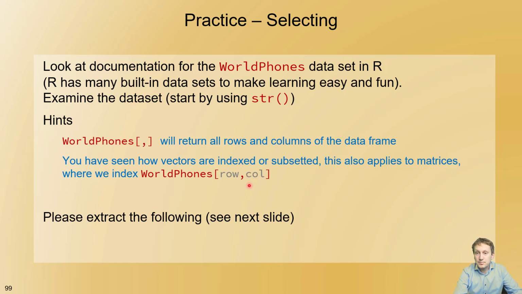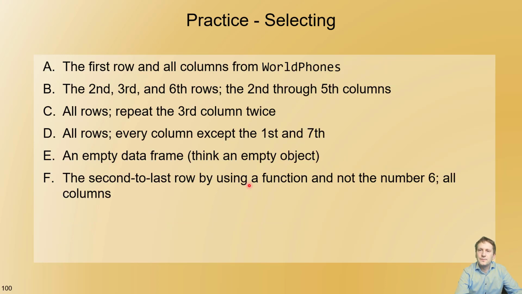With that said, please extract the following. The first row and all columns from WorldPhones, the 2nd, 3rd, and 6th rows and the 2nd through 5th column. Then select all rows, but repeat the 3rd column twice. Then select all rows, but every column except the 1st and the 7th.